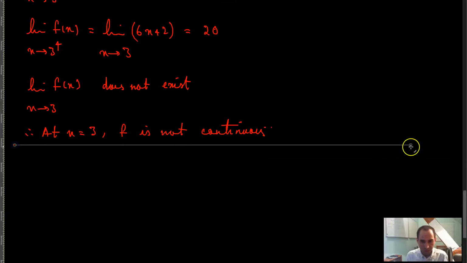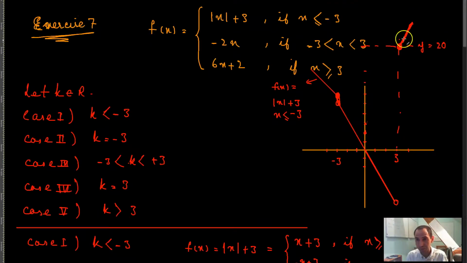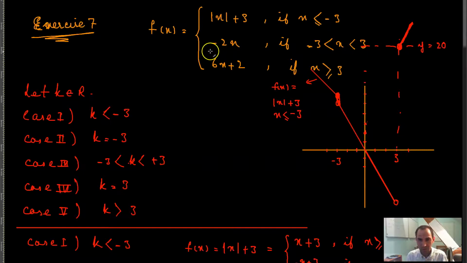Now we have case number 5, and that is when k is greater than 3. If k is greater than 3, then f of x is equal to 6x plus 2.